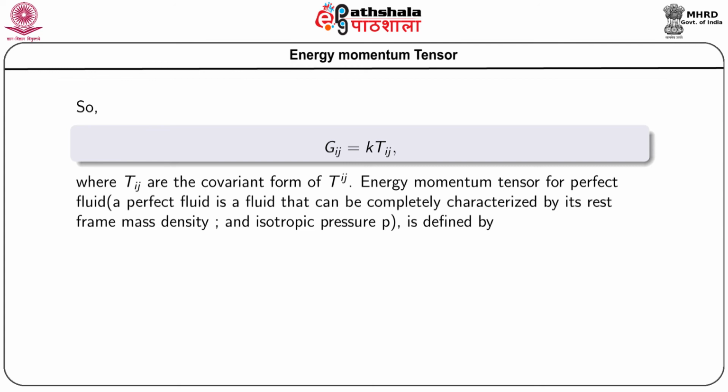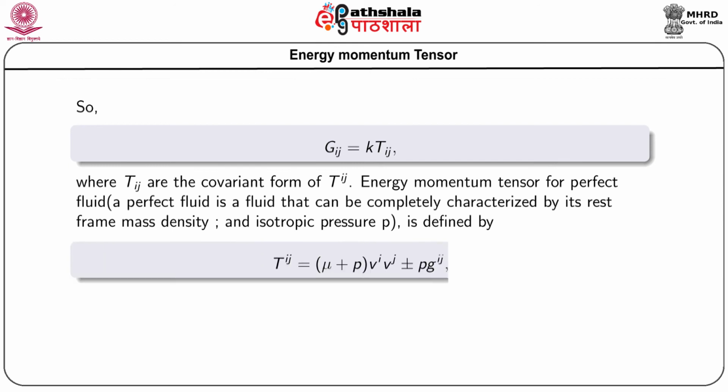Now, the energy momentum tensor for a perfect fluid, that means a fluid that can be completely characterized by its rest frame mass density and isotropic pressure, that means the pressure is equal in all respects, is defined by T_ij equals (mu plus p) V_i V_j plus p g_ij.